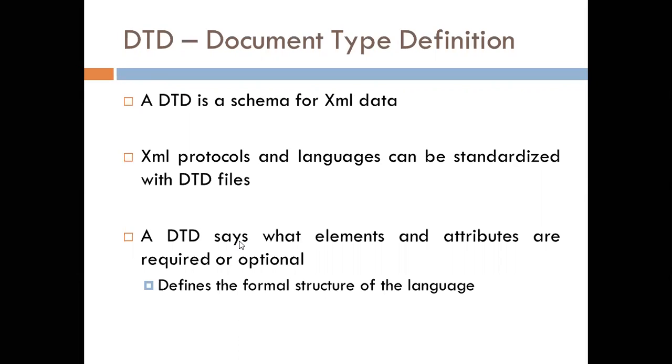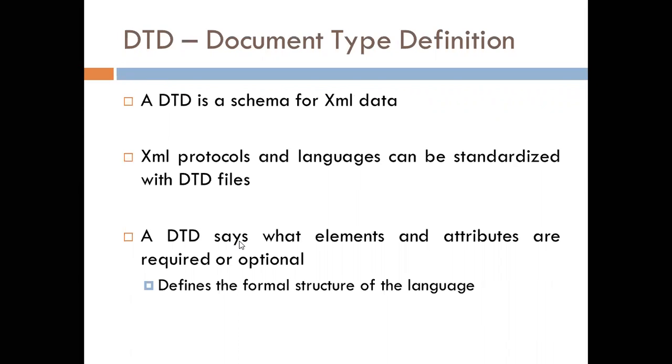So the DTD specifies which elements we can use and constraints on these elements. For example, how elements can be nested, and where elements can appear in the document. The validity of a document can be established based on the DTD.